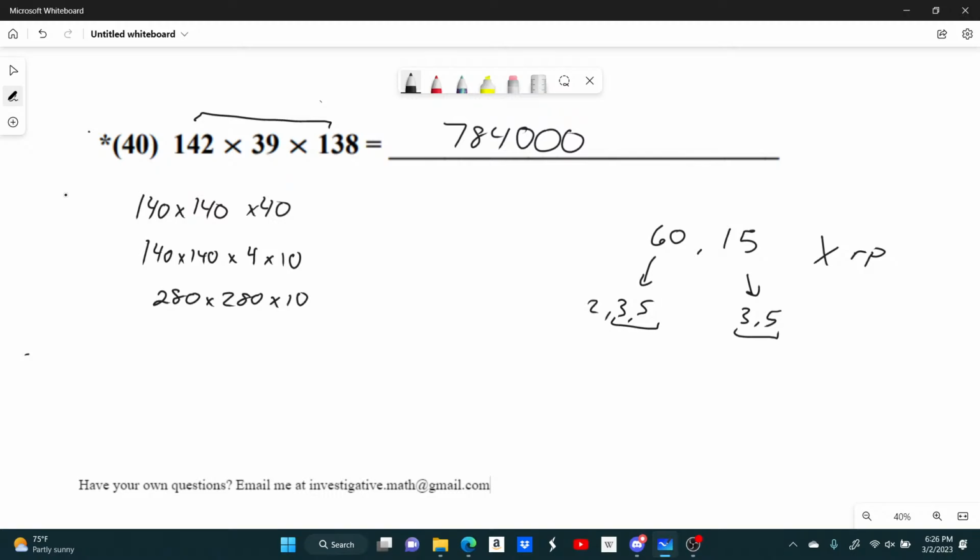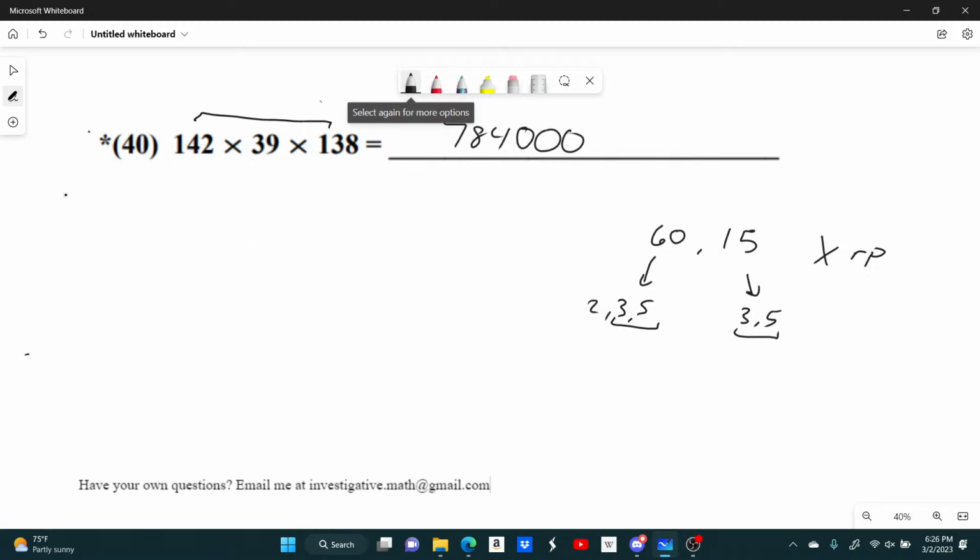Okay. Anyway, I guess the other way you could do this, and I literally just thought of this, is to say 1/7 is like 0.142, so you could replace 142 with 1/7 times 1,000, right?